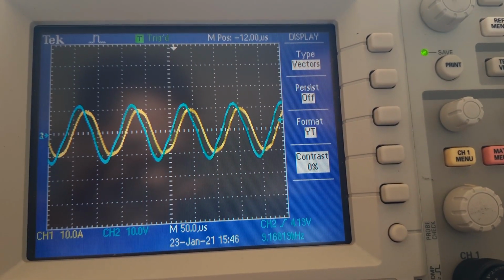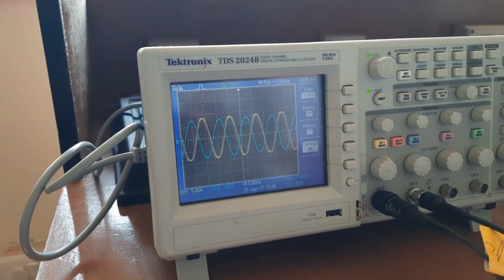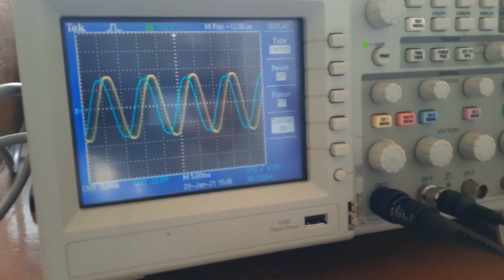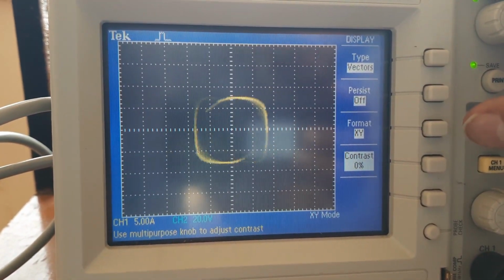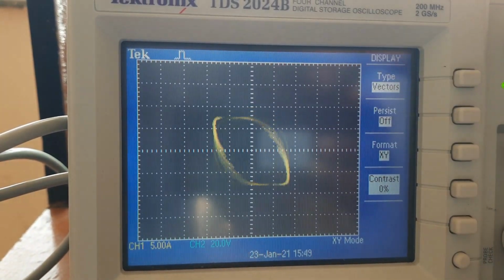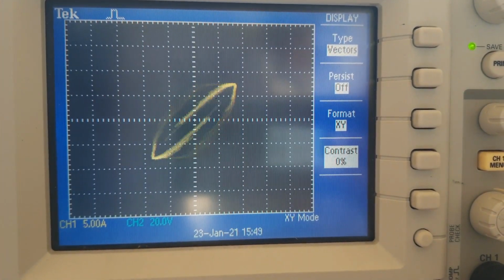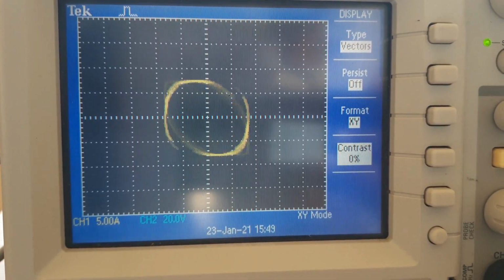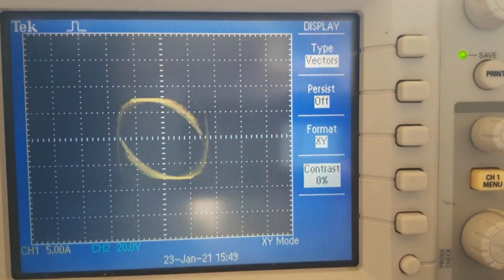Okay, so here you can see one phase is continuously moving. On XY format, you can see it comes to a straight line, then an ellipse, then a circle, then again in the second and fourth quadrant an ellipse, then a straight line, then again a circle.